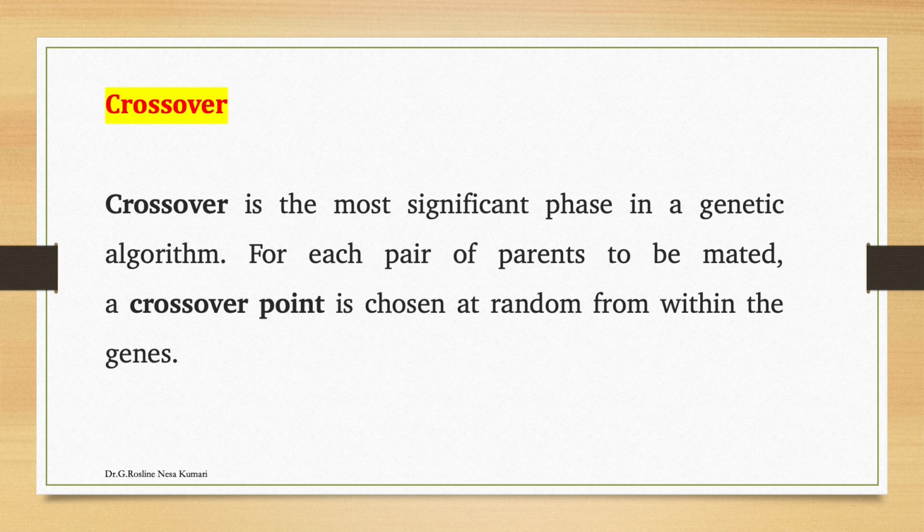For each pair of parents to be mated, a crossover point is chosen at random from within the genes. Crossover is like sexual reproduction. Two parents are picked from the mating pool at random to crossover in order to produce superior offspring. The method chosen depends upon the encoding method.